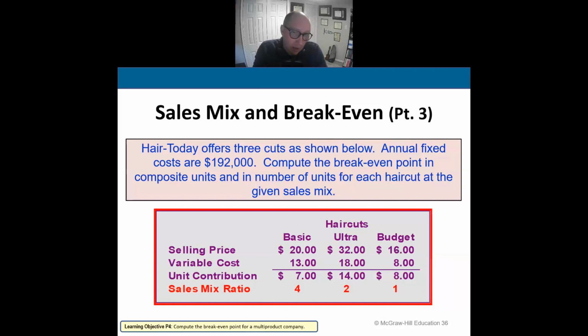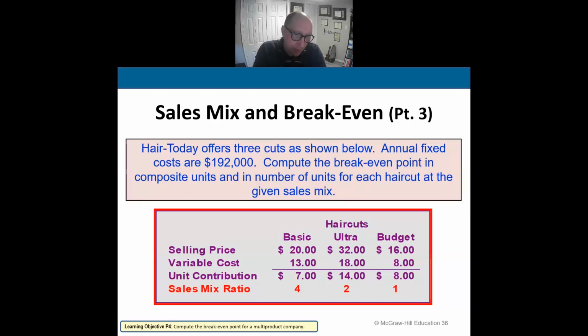Here's an example. This is a hair salon. We offer three cuts of hair: basic, budget, and ultra. Ooh, ultra, that's cute. So I have three different types of haircuts.